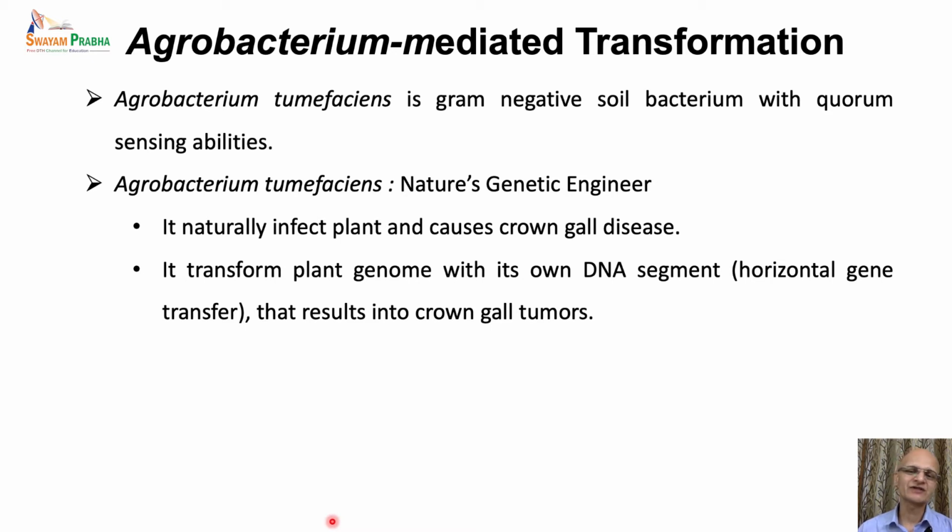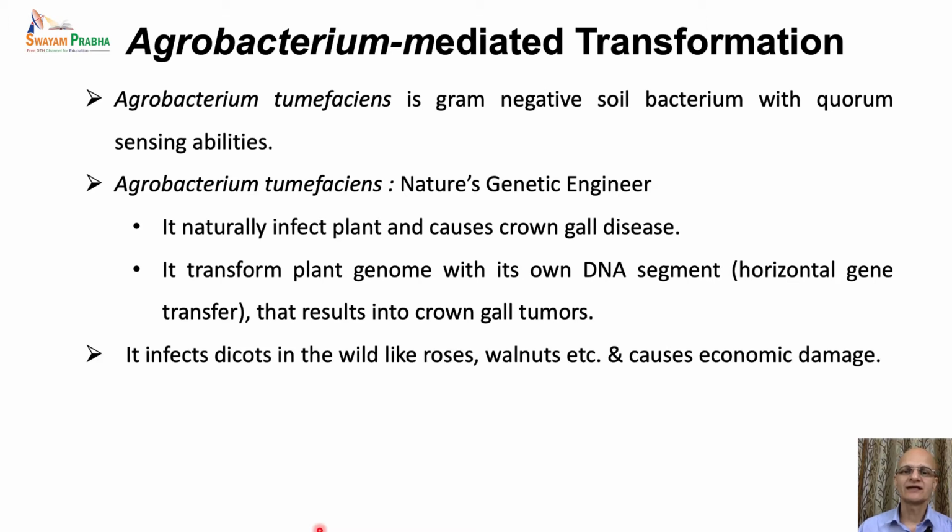During the infection, it transforms the plant genome, that is, it inserts some of its own DNA into the plant genome, which results in the development of the crown gall tumors. This infection of Agrobacterium that induces the production of crown gall tumors is called crown gall disease.